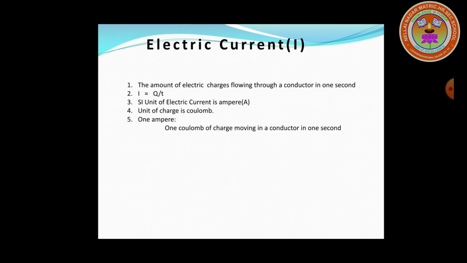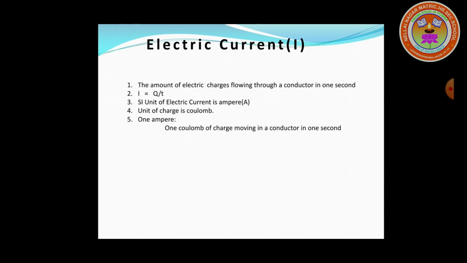The current is the amount of electrical charge flowing through a conductor in 1 second. In 1 second, how much electrical charge is moving from one point to another in a metallic conductor, that is given as the electric current.